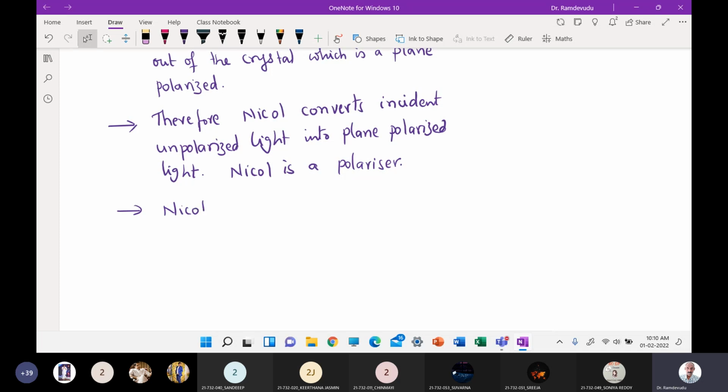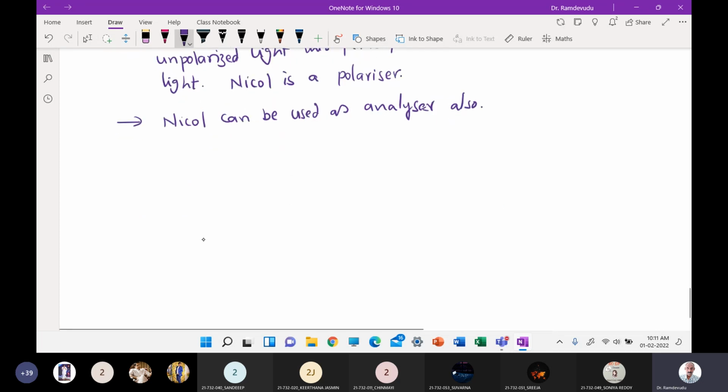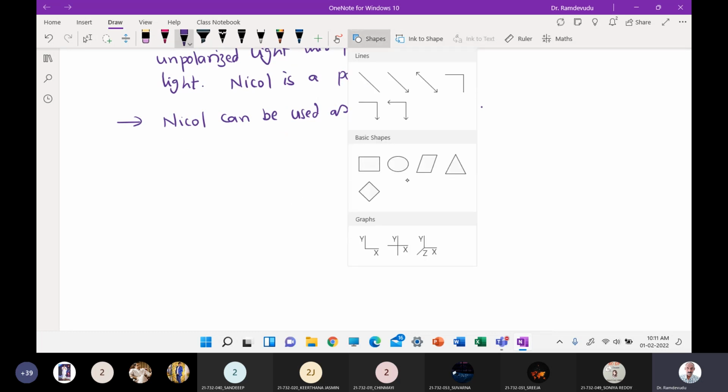Only thing is, Nicol can be used as an analyzer also. So how do I use it? Nicol prism generally is represented by the figure we have drawn, just like this.